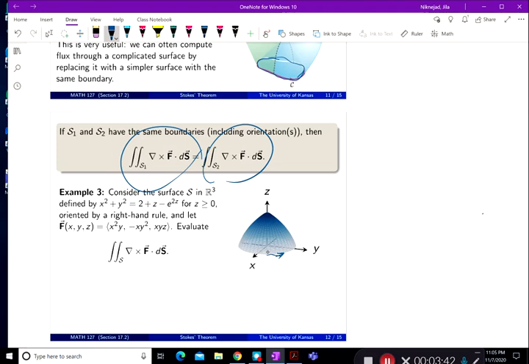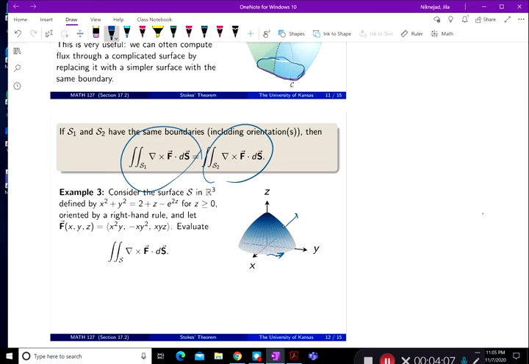Now, the surface is oriented with the normal outward. Now, let F of x, y, z be x squared y, negative x y squared, and x y z. Evaluate the surface integral of the curl of F dS.